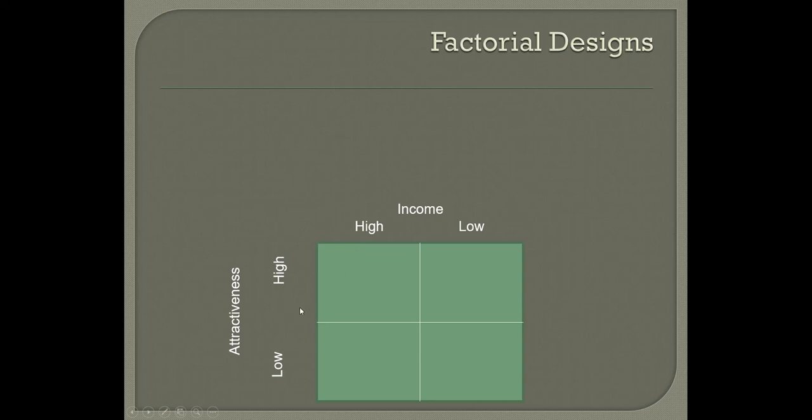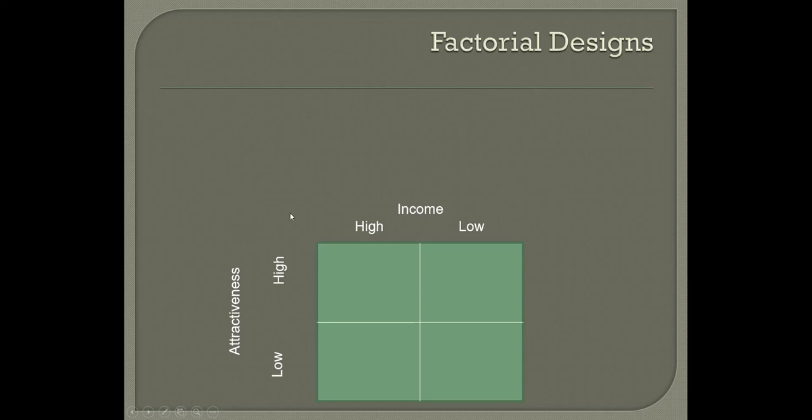We have two levels of each of these variables: stimuli that participants are asked to look at, who are either predetermined to be high or low in physical attractiveness, and we also present information about their income, which indicates that their income is either high or low. We want to see how that affects a dependent variable such as likability.